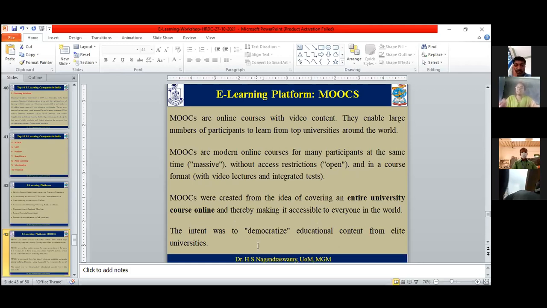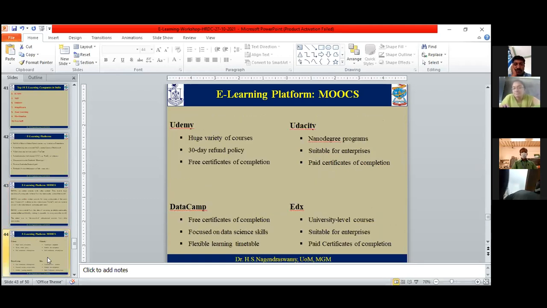The intent was to democratize educational content from allied universities, because many universities are known for certain topics and expertise, and we can make such elite universities accessible and affordable to the entire world, and that is possible with the MOOCs platform. And when it comes to some of the other platforms which support MOOCs, there is Udemy.